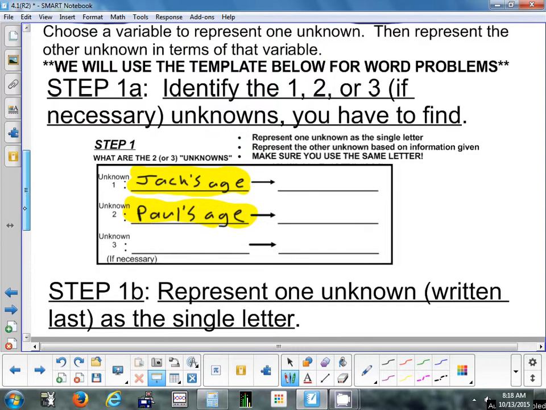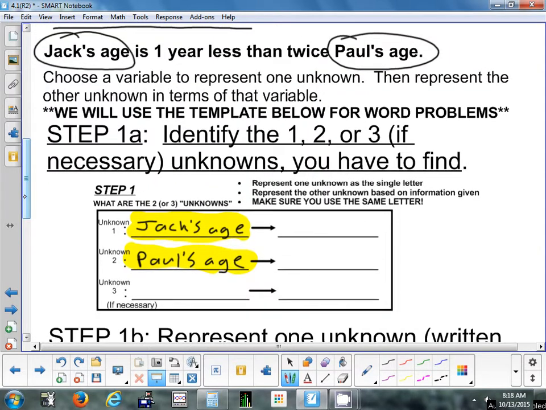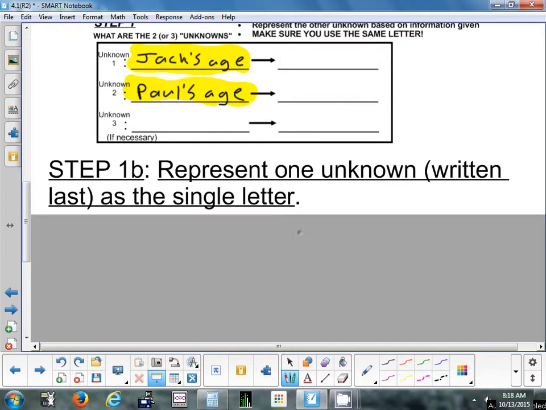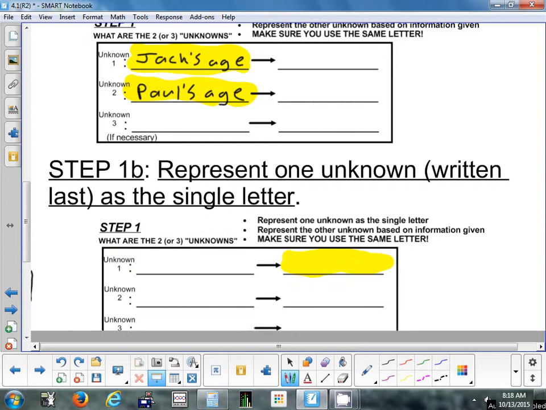If you go back up and read it again, Jack's age is 1 year less than twice Paul's age. Which one is at the end of the sentence? Jack's age or Paul's age? Yeah, a couple people said it. Paul's age. All right.